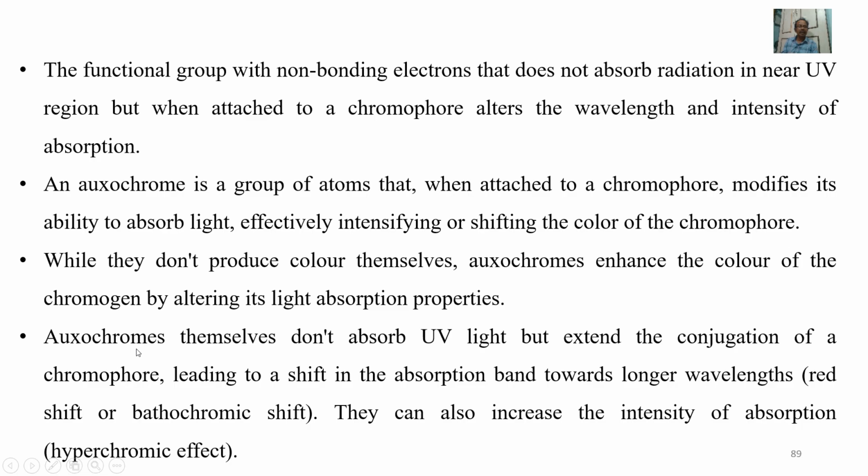Auxochromes themselves don't absorb UV light but extend the conjugation of the chromophore, leading to a shift in the absorption band towards longer wavelengths, so that is called the redshift or bathochromic shift. They can also increase the intensity of absorption, the hyperchromic effect.